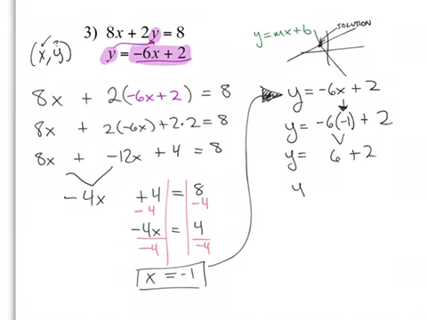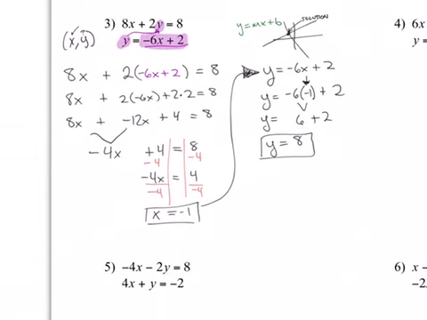And positive 6 plus 2 is 8. And so what happens when I do that is I substitute in order to get a single variable equation. I figure out what x has to be equal to in my solution, and I use that part of the solution to figure out the other part, which is the y value. Together, my whole solution is the ordered pair, negative 1, 8. That's my whole solution together.